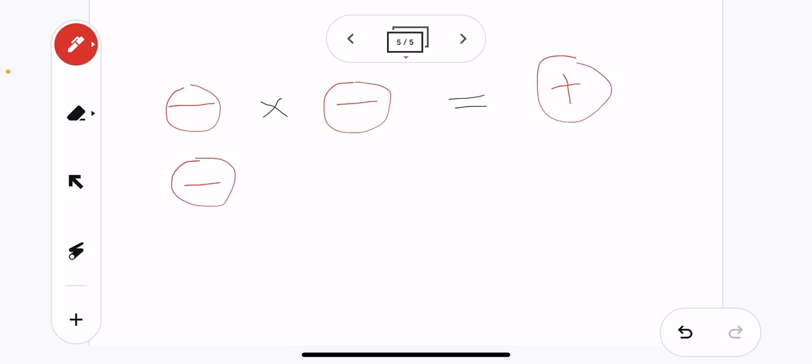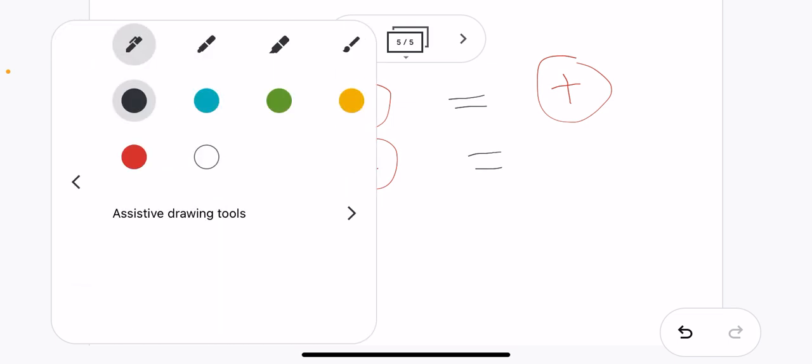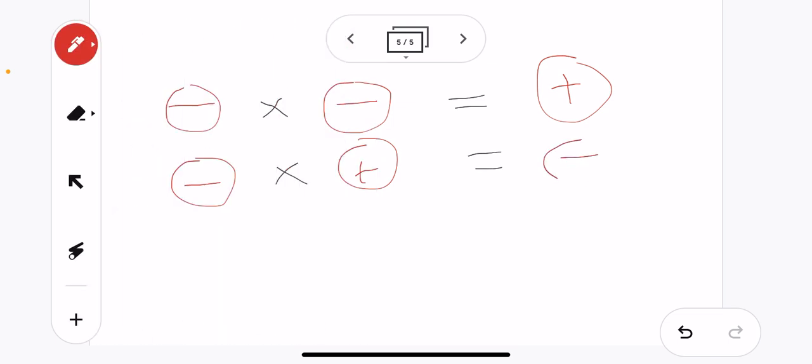But one negative multiplied by a positive results in a negative. See how that works? That's what you basically need to know when you're multiplying negative numbers. Two negatives is going to equal a positive, and one negative is going to equal a negative.